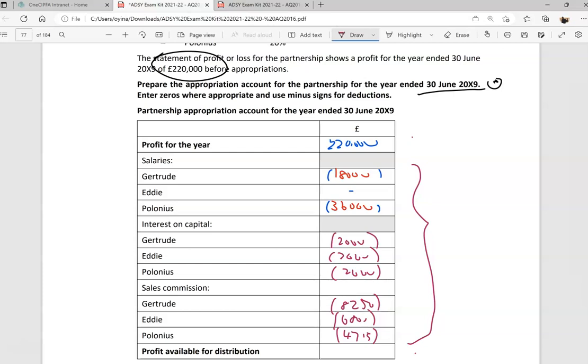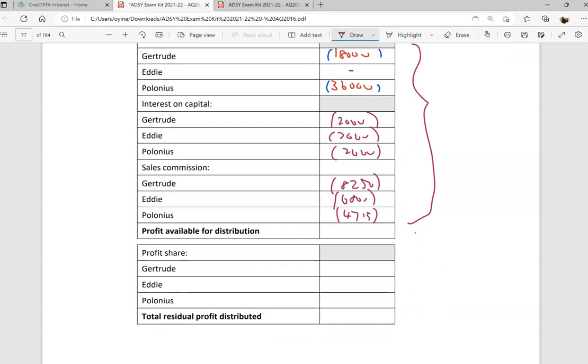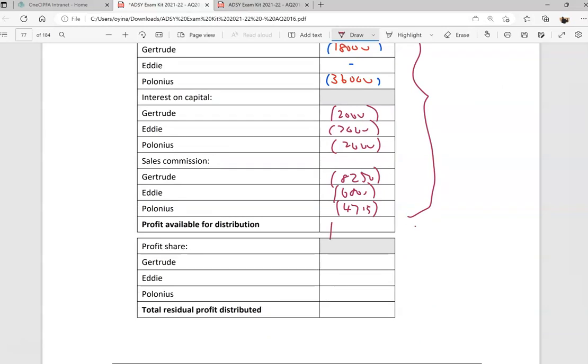Take away 18,000. Take away 36,000. Take away 2,000 three times. Take away the 8250. Take away 6,800. Take away 4715. My addition is not the best. I get 140,235. Seems a bit of a strange number, but I'm going to go with it for now.